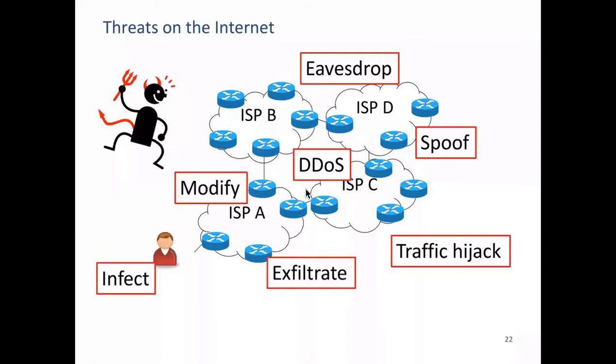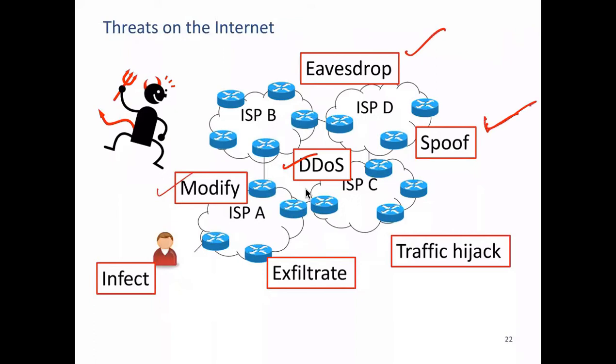Your packets are passing through n number of routers, usually 4, 5, and so on, and anything can happen in between. So we can do eavesdropping, spoofing, DDoS, a distributed denial of service, or modify the packet. Eavesdropping is nothing but passively listening to what's happening.